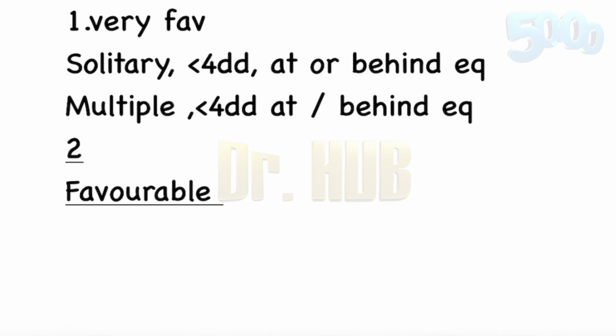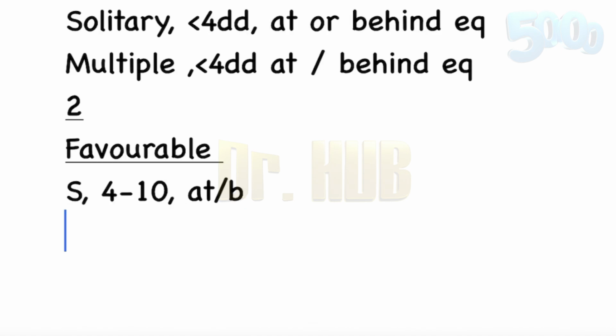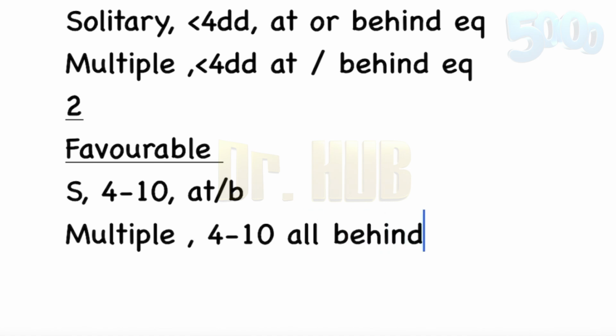It is again a solitary tumor, 4 to 10 dd, at or behind the equator. The second category includes multiple tumors, all 4 to 10 dd, all behind the equator. So favorable means a solitary tumor 4 to 10 dd at or behind the equator, or multiple tumors 4 to 10 dd all behind the equator.